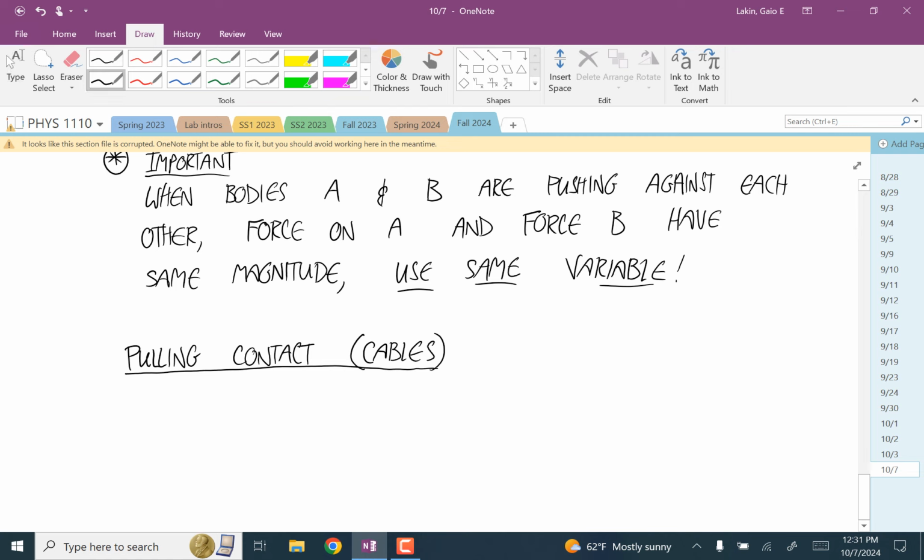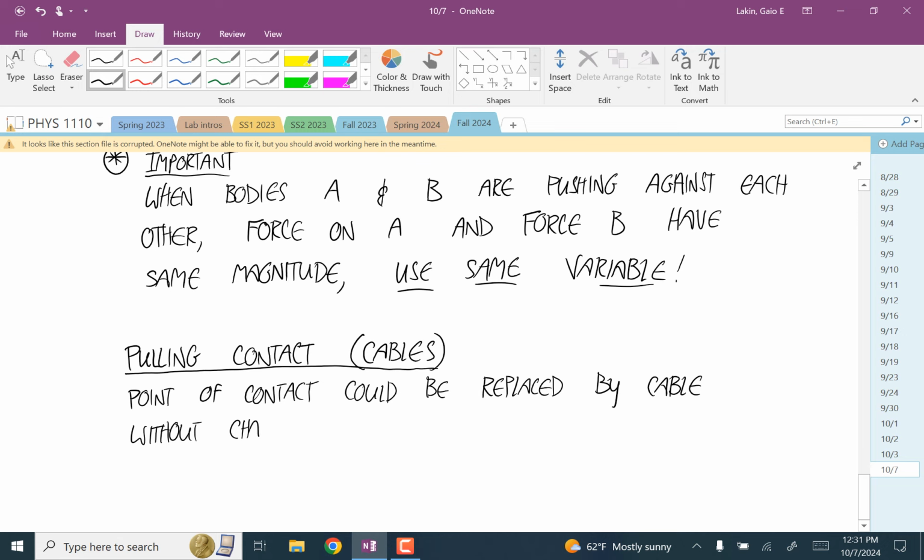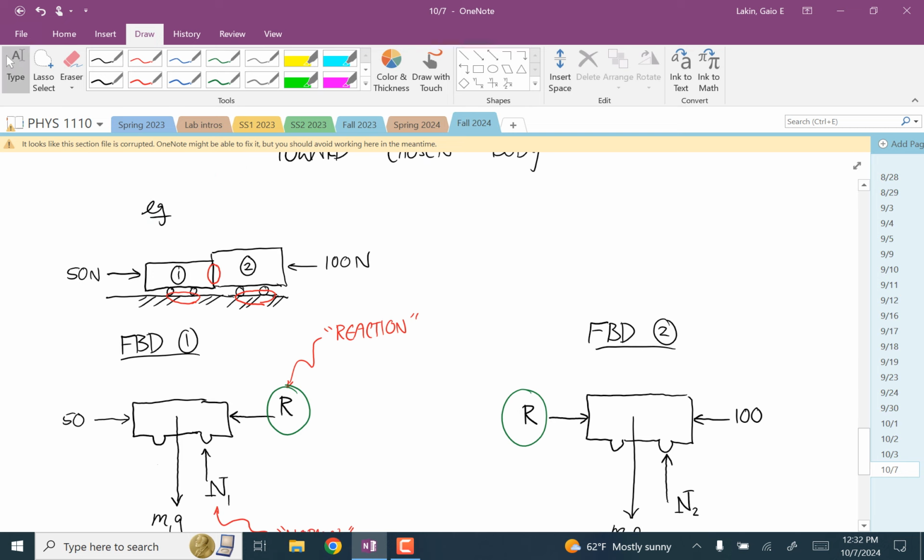To identify this kind of force, this is when the point of contact could be replaced by a cable or a string without changing the behavior of the system. So that would not be the case in a pushing contact.